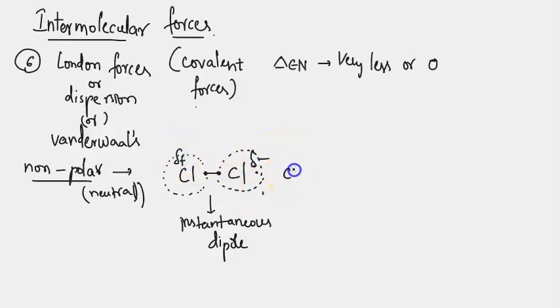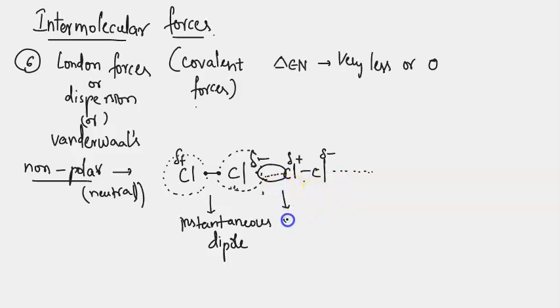The neighboring chlorine molecule, which is normally neutral, will now be induced by the dipole created in the first Cl and Cl. This also becomes Cl plus and Cl minus. Likewise, the whole molecule becomes an induced dipole, with positive and negative charges created in it, so we can see partial attractions between one molecule and another.